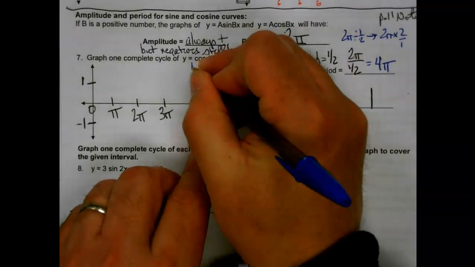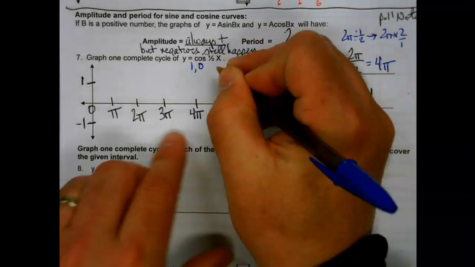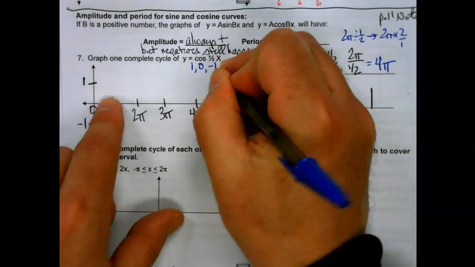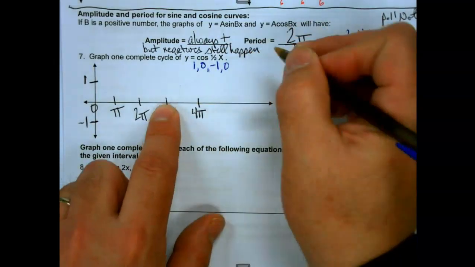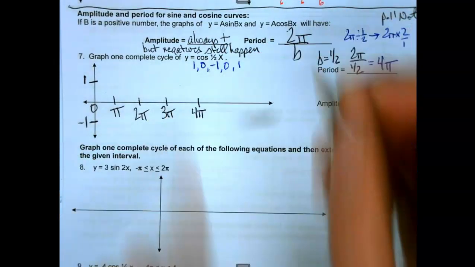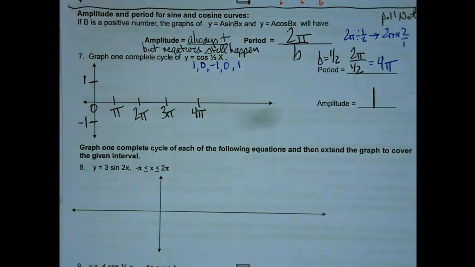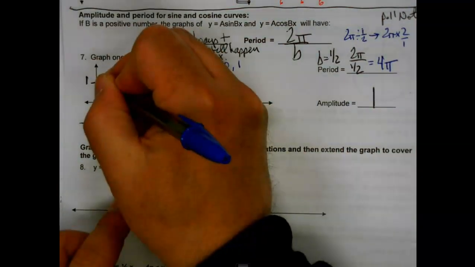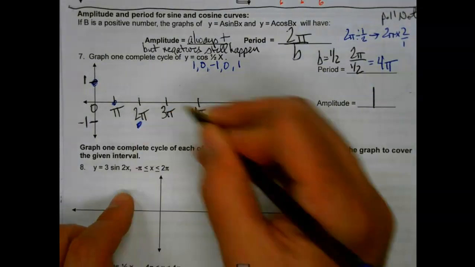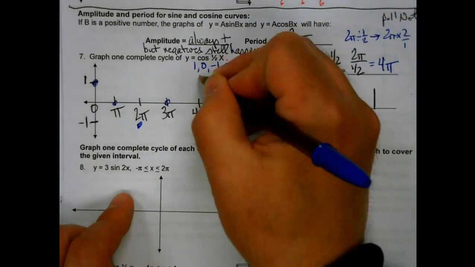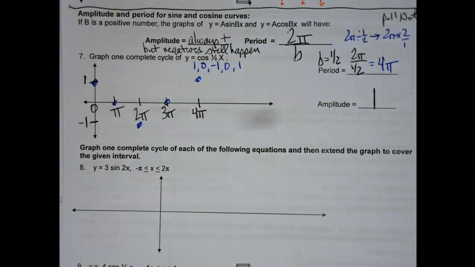So typically cosine starts at 1, goes down to 0, goes under, so it's like we're diving, we went underwater, we're back to the surface, back up to the top of the dive. So 1, 0, -1, 0, 1.